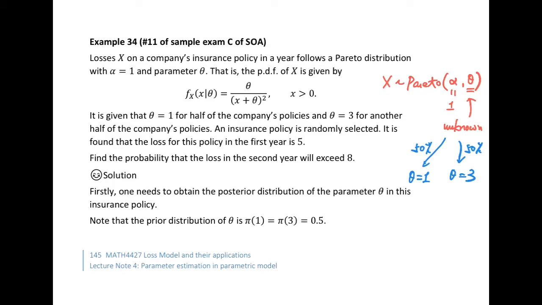So that means your theta has two different possible values. Now suppose I pick an insurance policy randomly from this sample. Then theta will be either 1 or 3 with 50% probability.